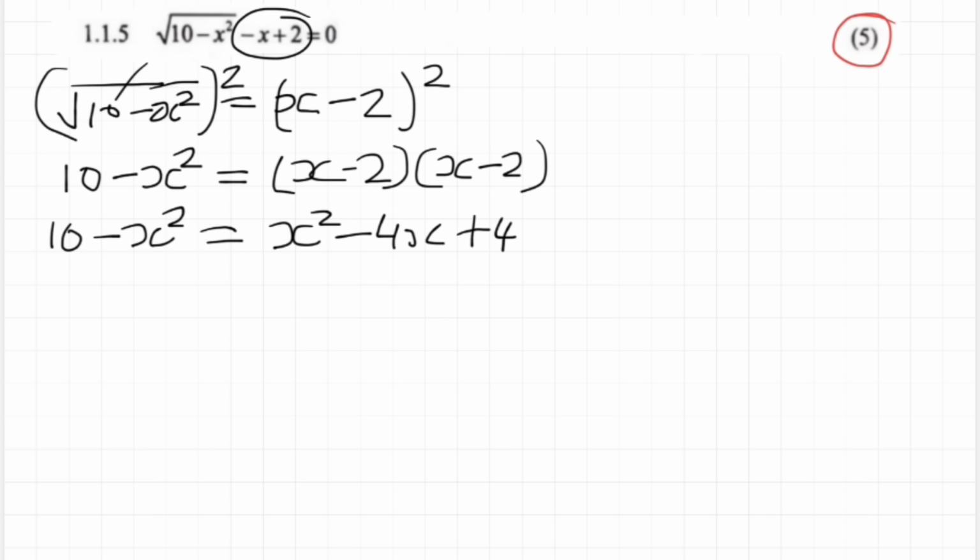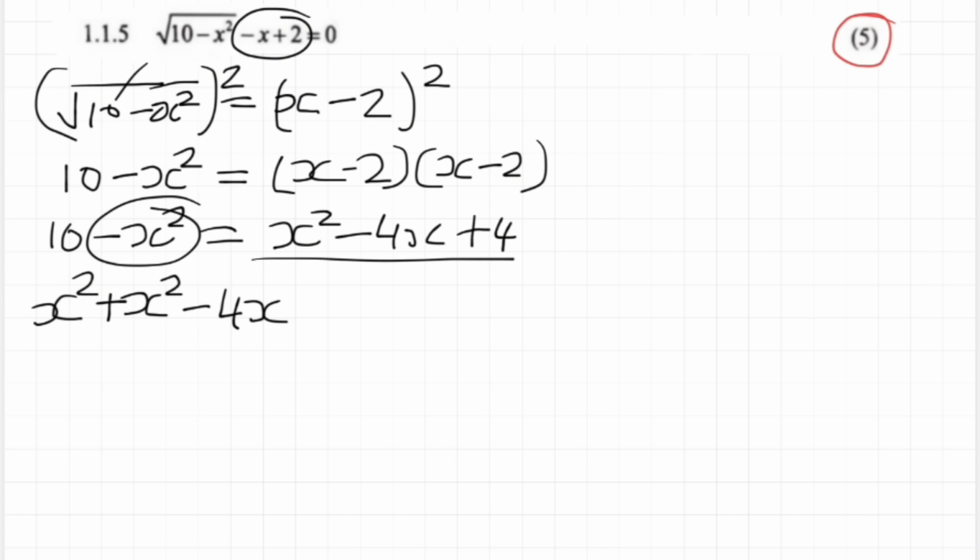So from here on, we need to group the like terms, or we need to put this equation in standard form. So I'm going to take this to the other side. I'm going to start with x squared, and then I take this one to the other side. It's going to be positive x squared. And I'm going to have negative 4x, and then plus 4 is already there.